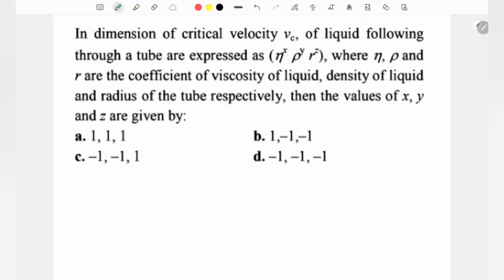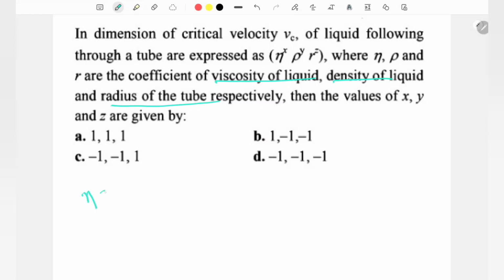The critical velocity Vc of a liquid flowing through a tube is expressed as eta power x, rho power y, r power z, where eta is the viscosity of the liquid, rho is the density of the liquid, and r is the radius of the tube respectively. Then the values of x, y and z are given by.